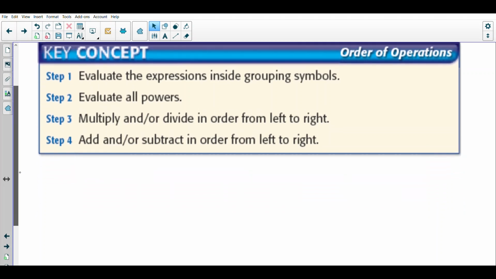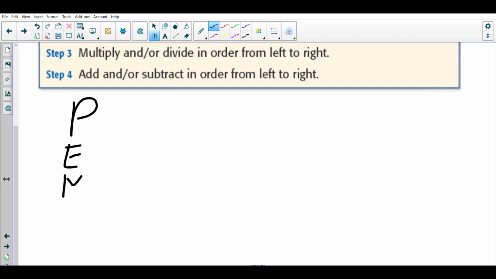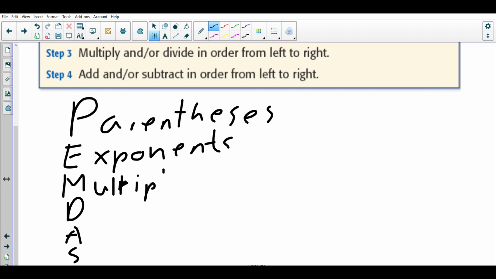There's an easier way to remember this, and it's what we use and we call PEMDAS. So P means parentheses, E is exponents, M is multiplication, D is divide, we'll say division.